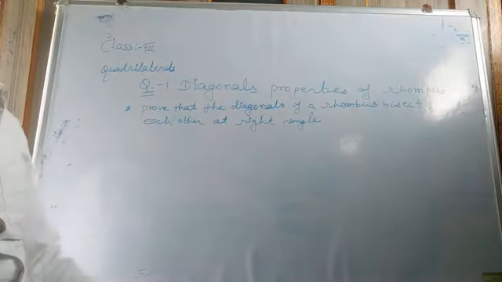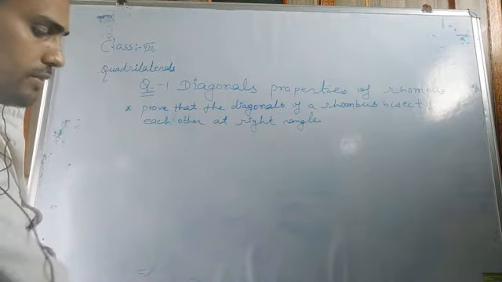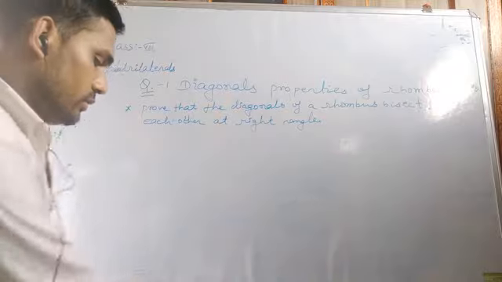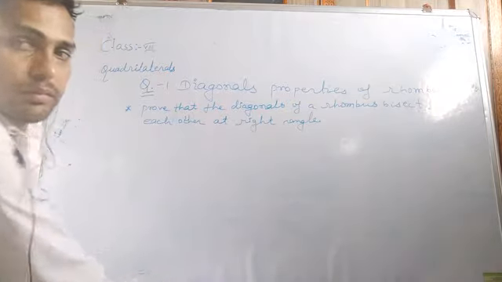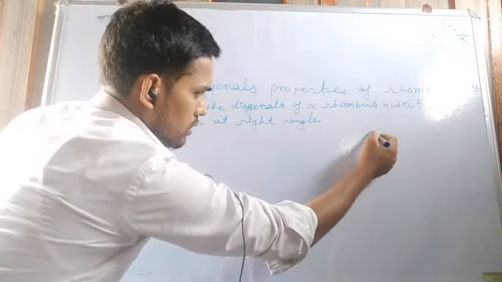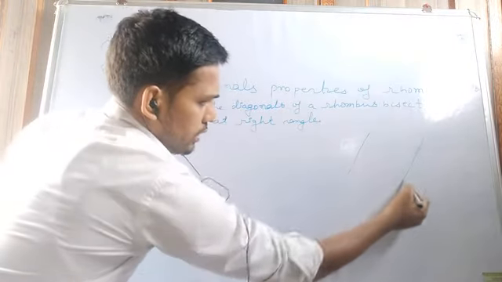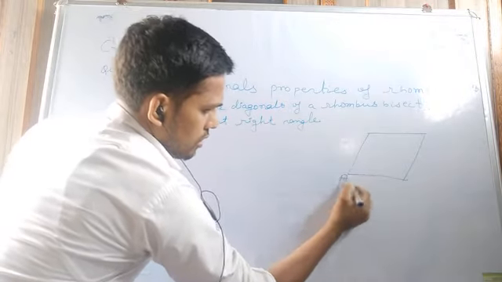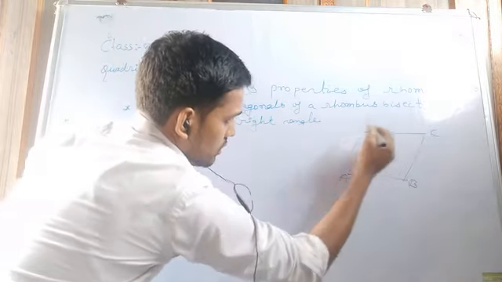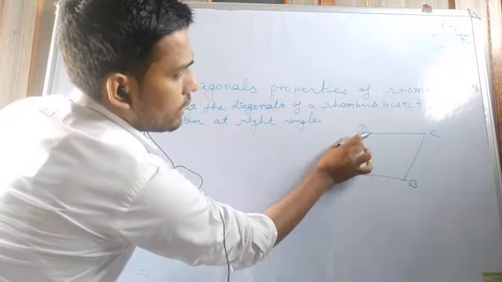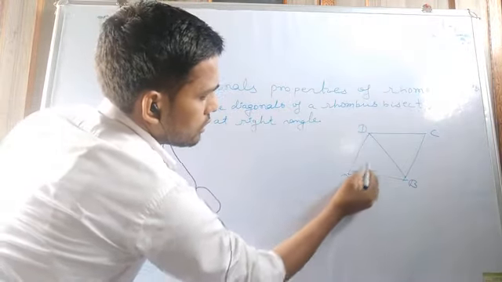Firstly, what will we do? We will construct one rhombus. The name of this rhombus is ABCD, and the diagonals are also given.